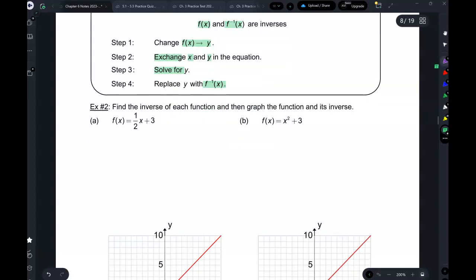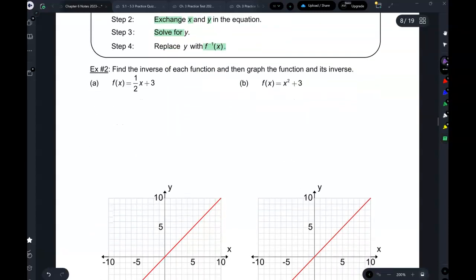So let's go ahead and do that. Here I have f of x is equal to half x plus 3. I'm just going to rewrite it as y equals half x plus 3, right? Now, interchange x and y. So x equals half y plus 3. Now I need to solve for y. Subtract 3 from both sides. X minus 3 is half y.